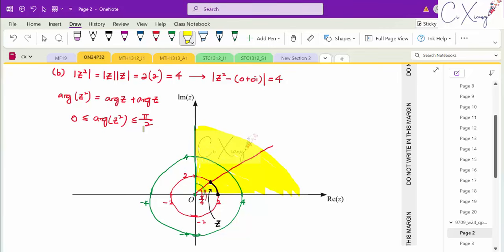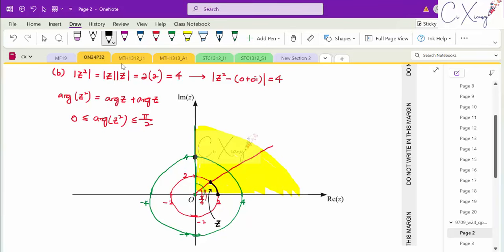And let's look for the overlapping of these two, the equation and also the inequality. So modulus z squared equals 4. That means it is on the circle, any point on the circle. And then for this inequality, it is the area shaded in yellow color here. So where's the overlapping part of this equation and inequality?